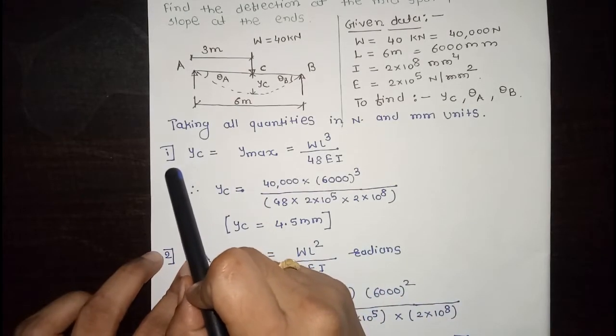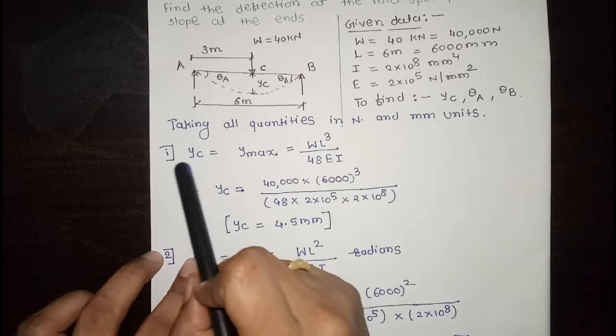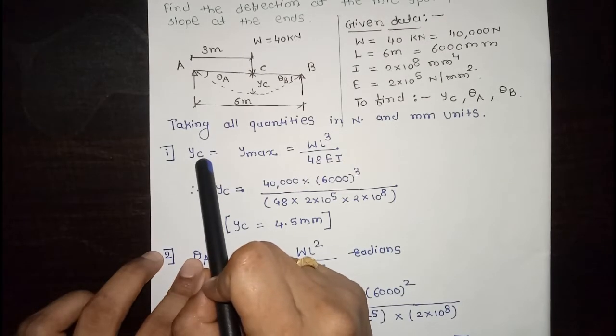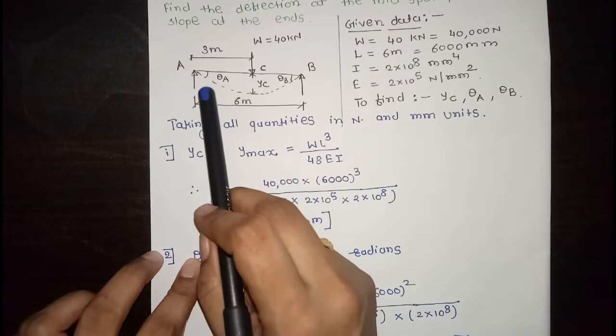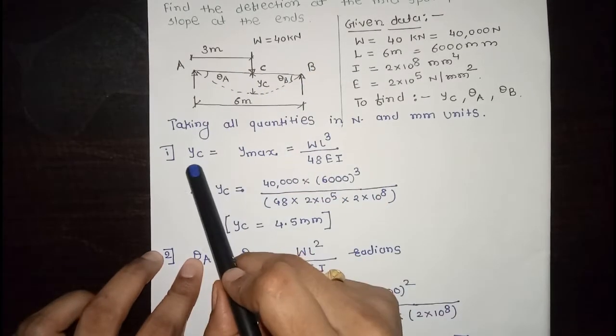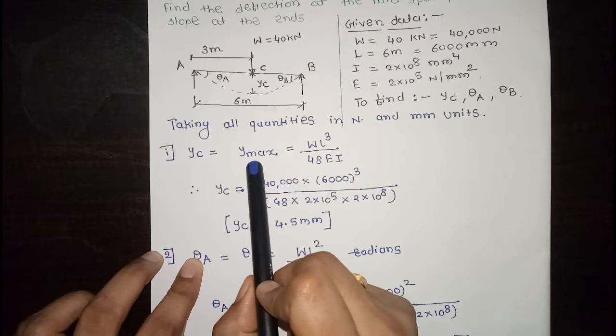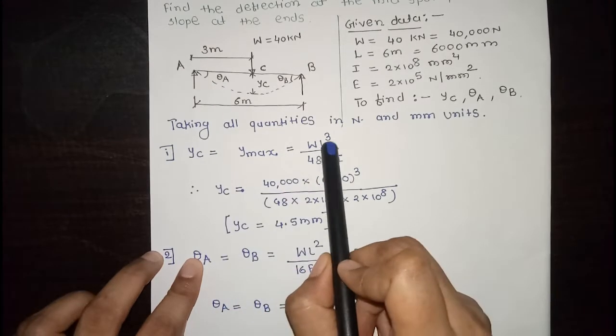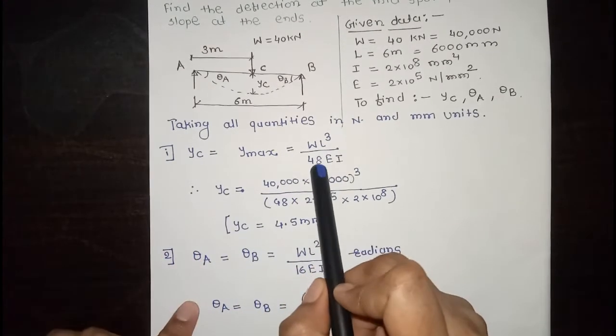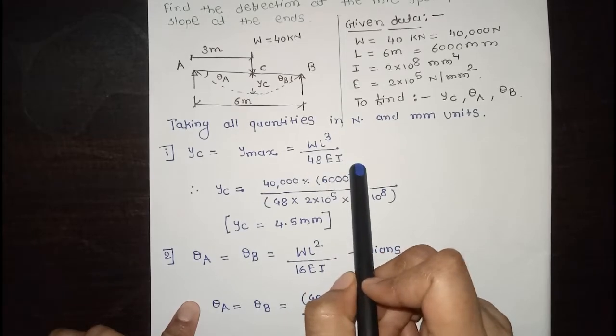So what is the first formula? Deflection YC, means deflection at mid-span point of simply supported beam. YC is equal to Y max is equal to WL cube divided by 48 EI.